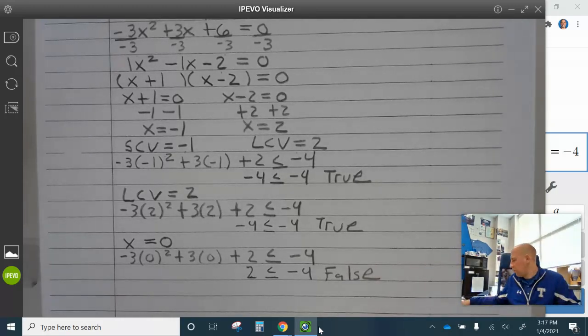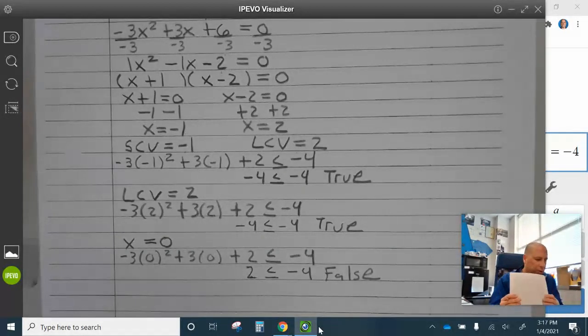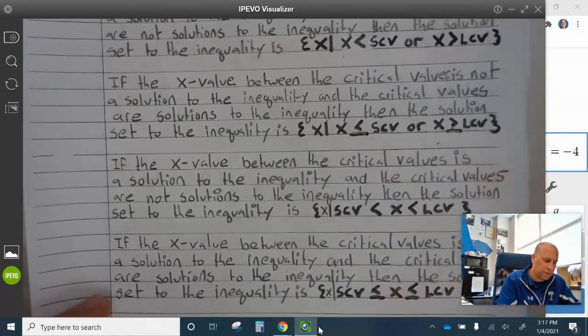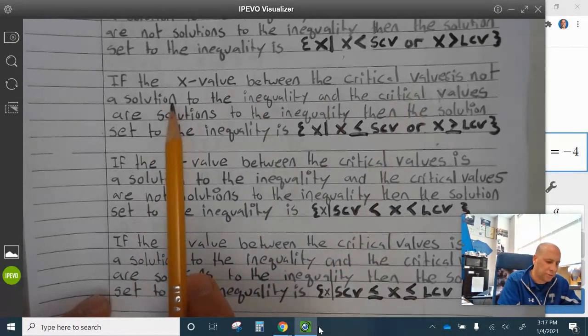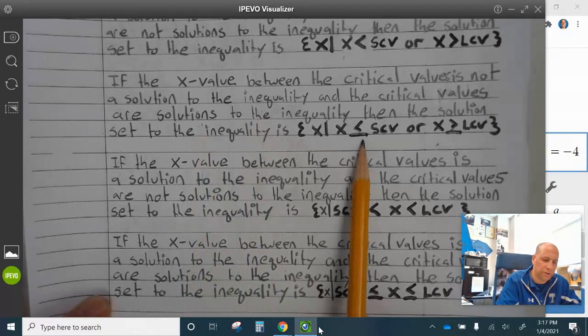Okay, so going back to our notes, in this case, if the x value between the critical values is not a solution, that's true, and the critical values are solutions, which is true, we use this format.